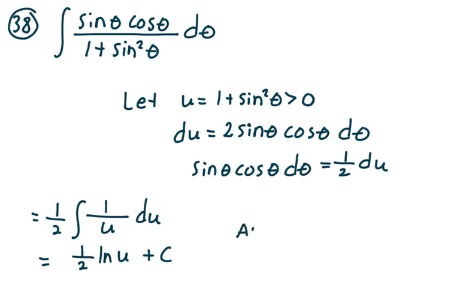And so the correct answer for problem number 38 is 1/2 natural log of 1 plus sine squared theta plus c. And that was 38. Let's take a look at 42.